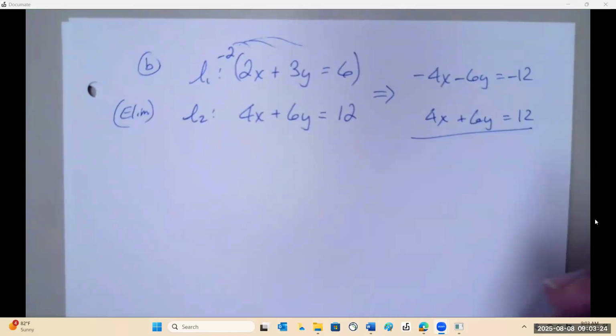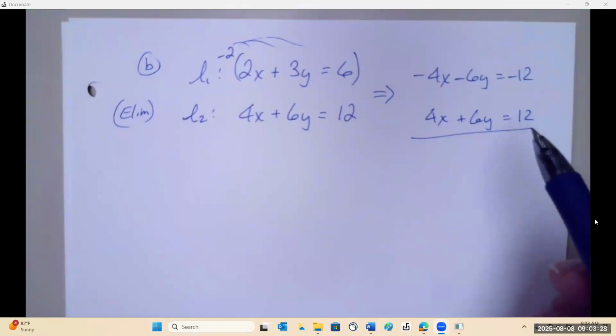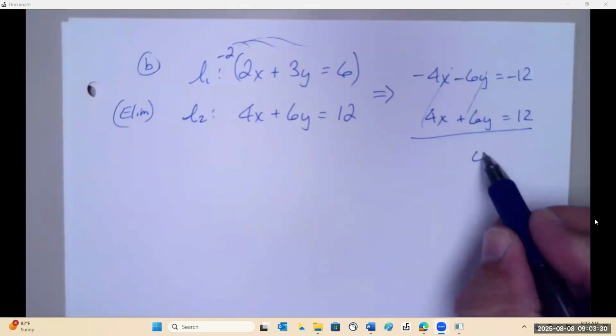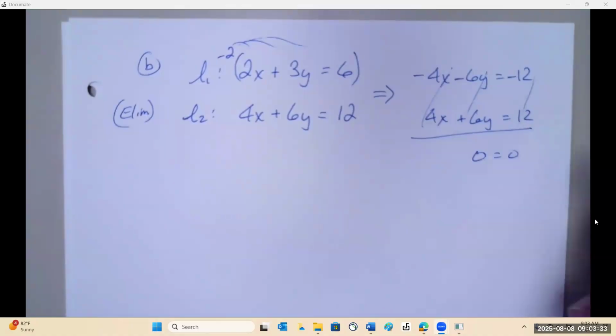I add the two lines together, what happens? Does 0 equal 0? Yes. So what does that tell us? Same line.